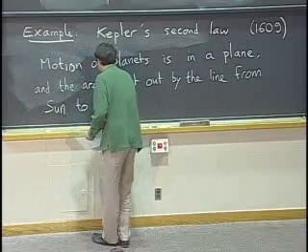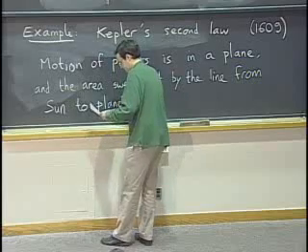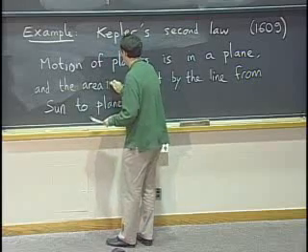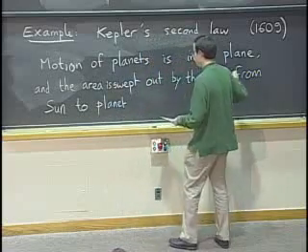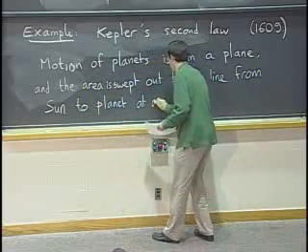From the sun to the planet, area is swept out by the line at a constant rate.